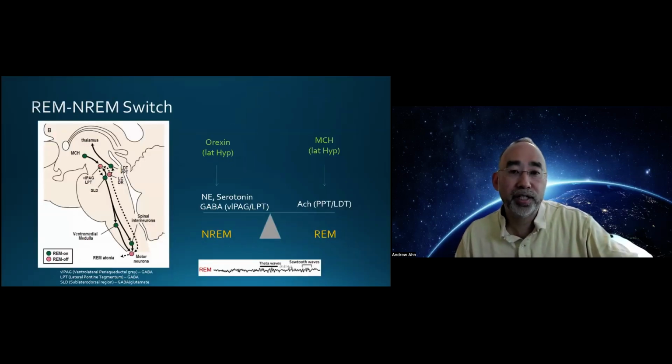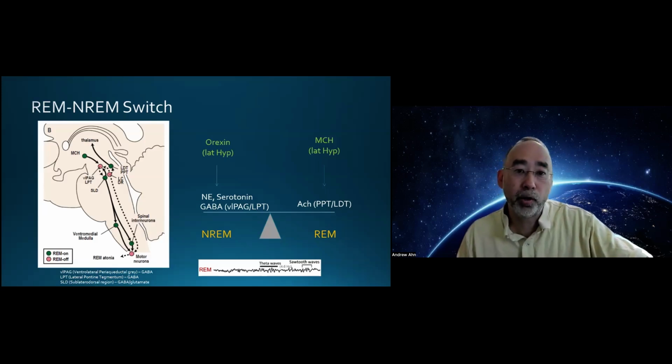And so this slide sort of details the brain circuitry behind the REM sleep switch. We have REM on regions like the cholinergic LDT and PPT, and REM off areas like the ventrolateral periaqueductal gray and LPT, which are GABAergic. Orexin from the lateral hypothalamus, I don't see that here, suppresses REM, while MCH, or melanin-concentrating hormone, may promote it.